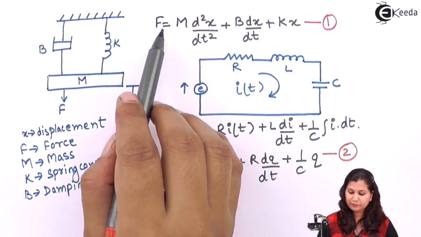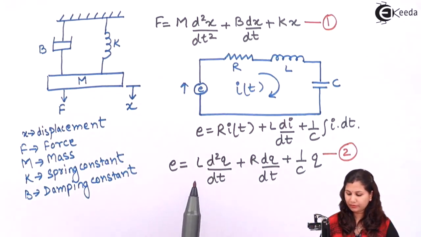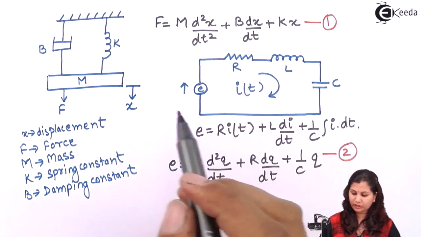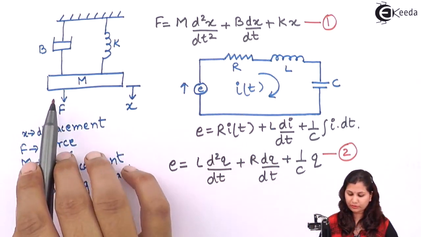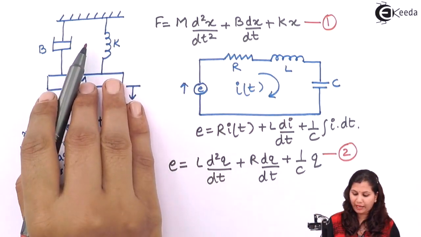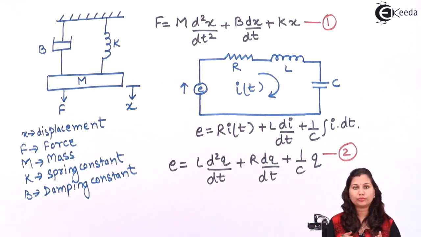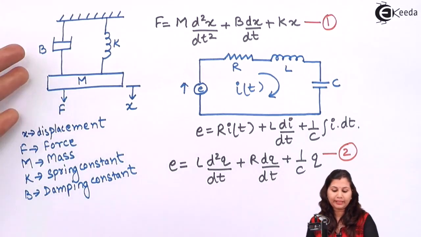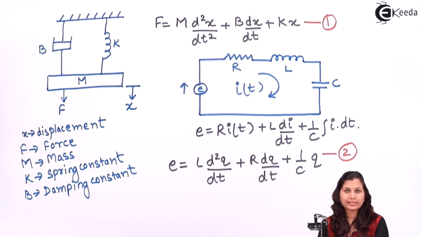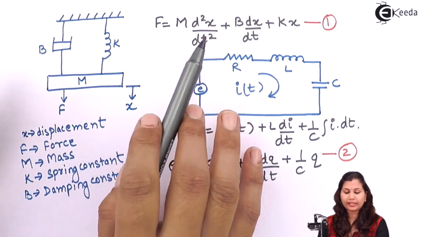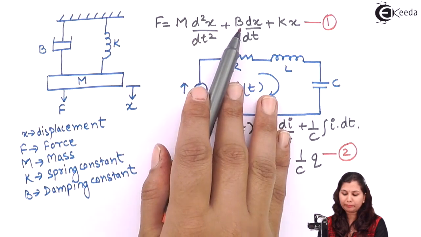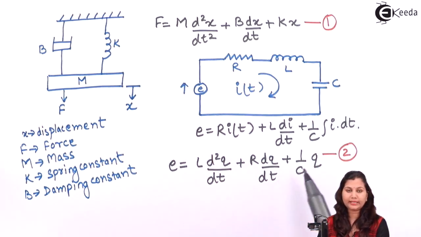So we can compare this mechanical translational system with this electrical system, and in this way we have drawn the analogous system of this mechanical system. Whenever we have to find the analogous system for a mechanical translational system, we will just write the equation for it and replace the variables F, M, B, K with these variables.